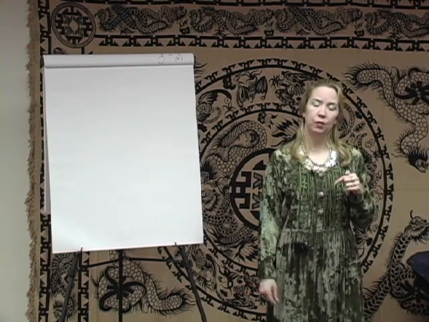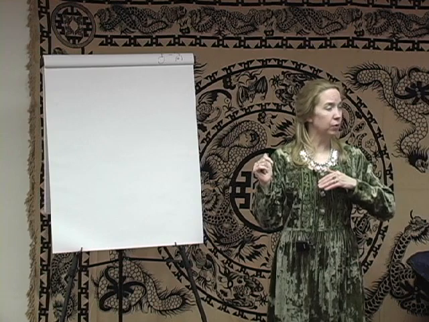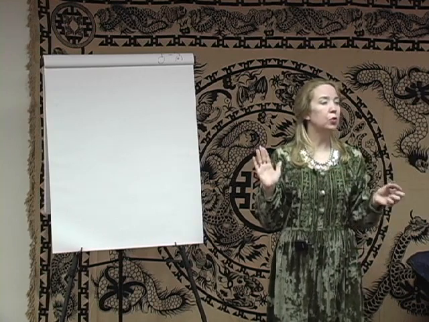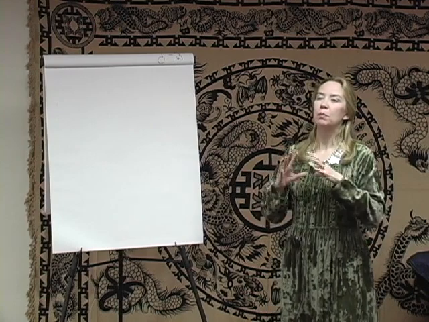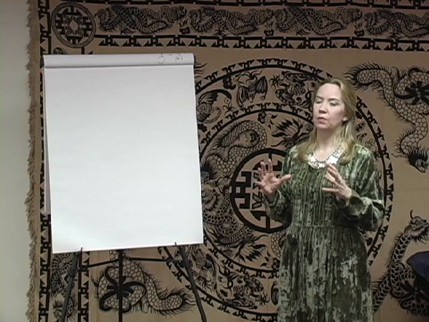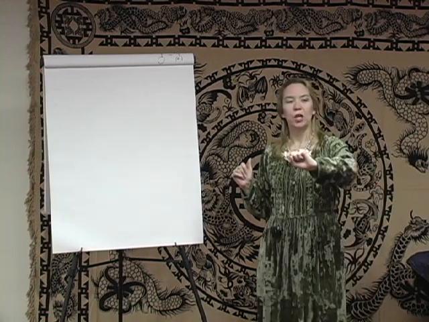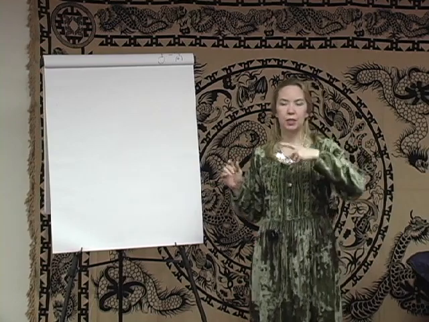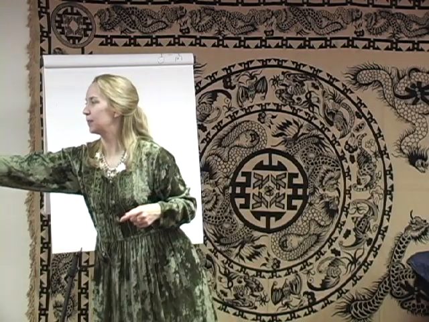If you've got a Pluto square the nodal axis or a planet square the nodal axis, you go backwards.